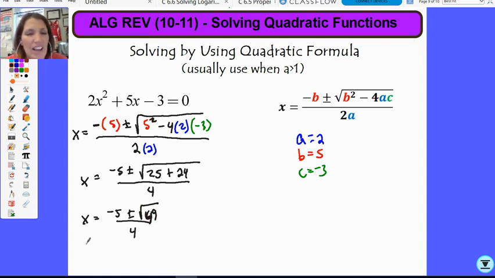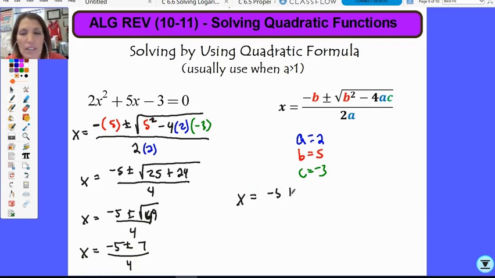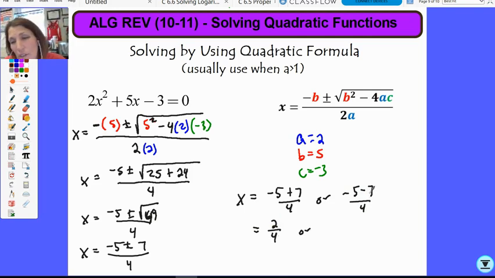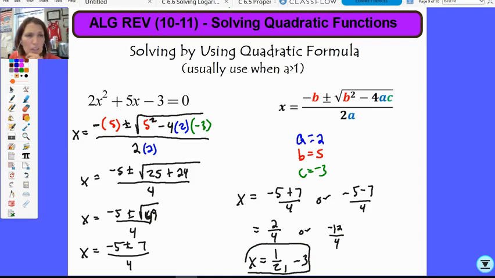Yeah, right here. x equals negative 5 plus or minus 7, the square root of 49, over 4. So x equals negative 5 plus 7 over 4, or negative 5 minus 7 over 4. So 2/4, or, what is that, negative 12 over 4. So x equals 1/2, or negative 3 in the other solution. Okay, and that's how you use the quadratic formula to solve.